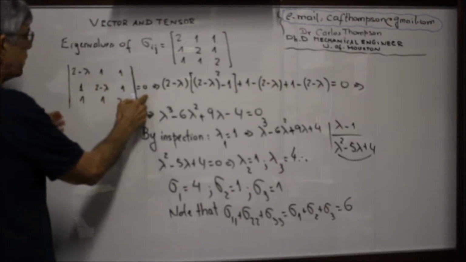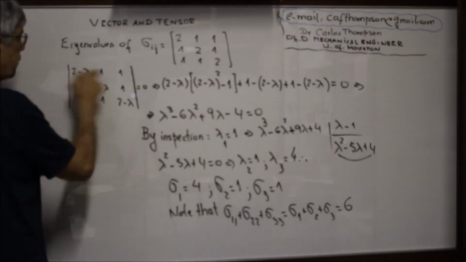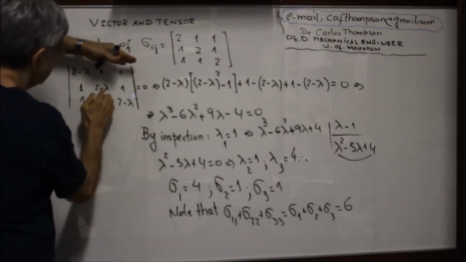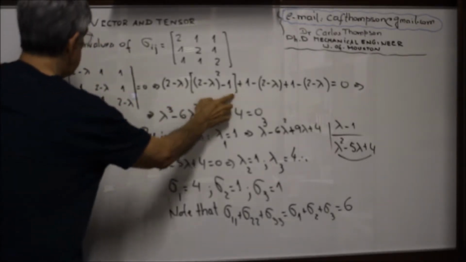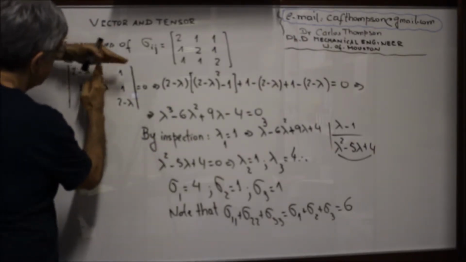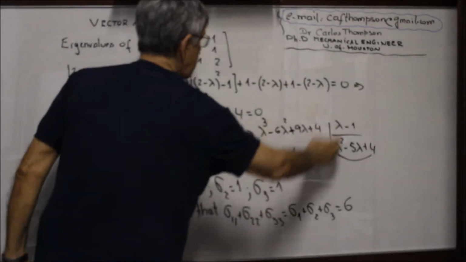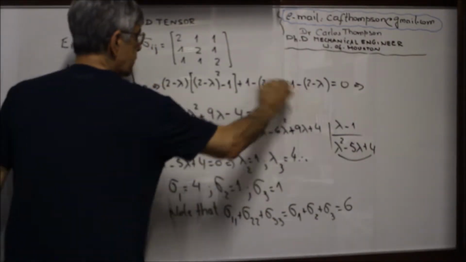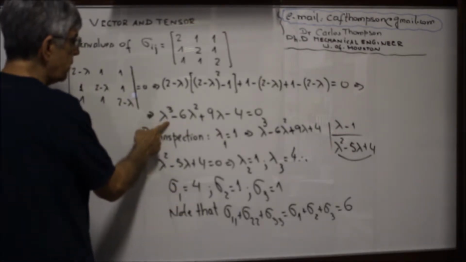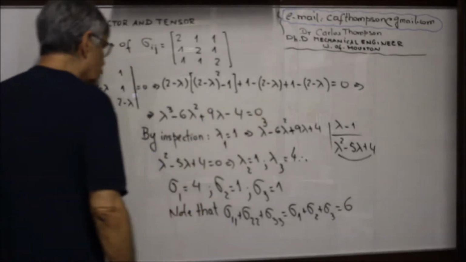We can develop this determinant using the first row: just cross here, it will be 2 minus lambda multiplied by (2 minus lambda) squared minus 1, then the next element, you cross and do the same. This will be equal to 0. If you expand these terms, you come up with lambda cubed minus 6 lambda squared plus 9 lambda minus 4 equals 0.